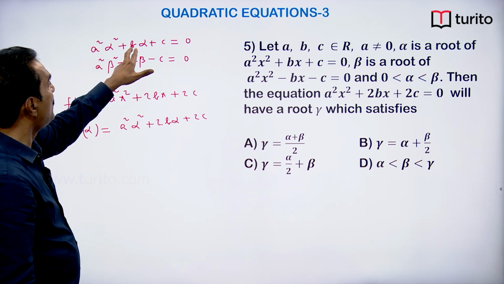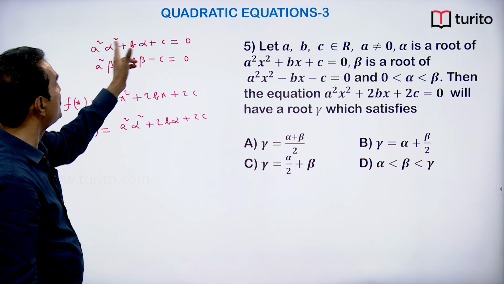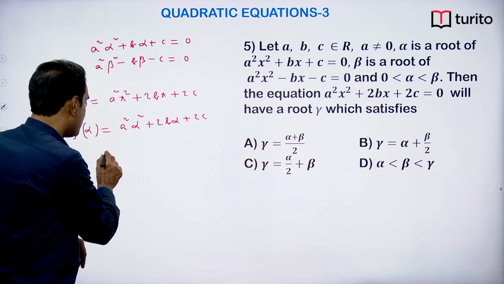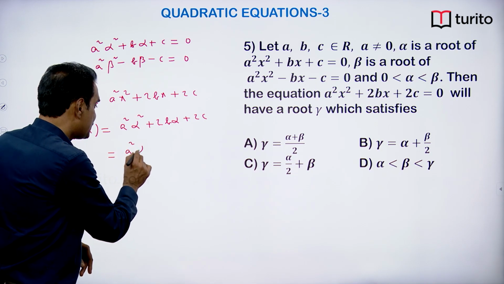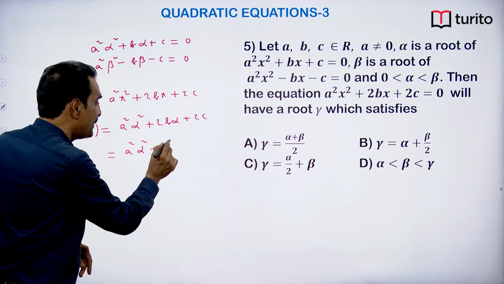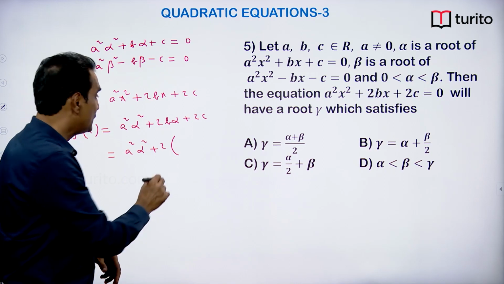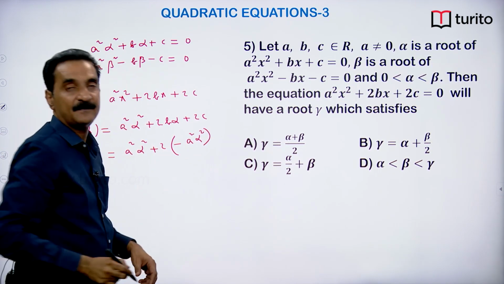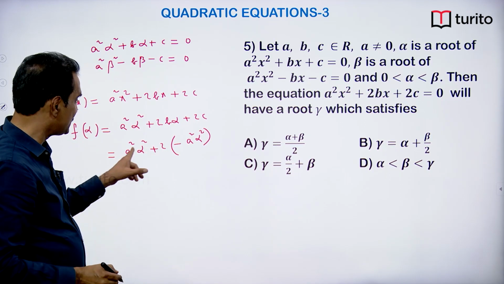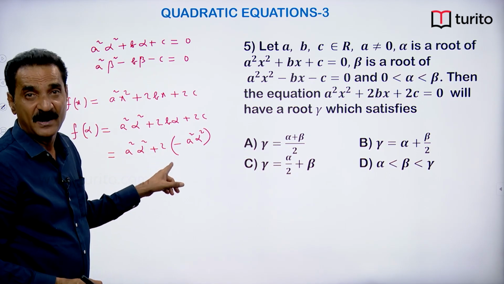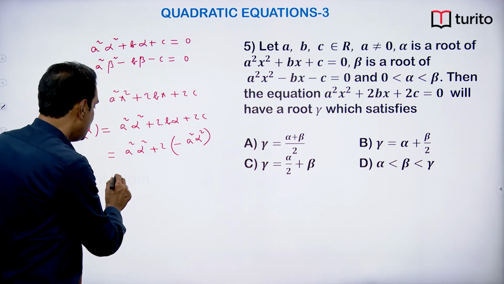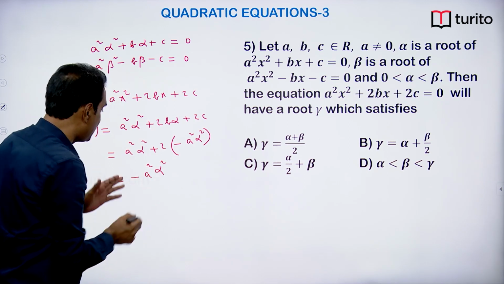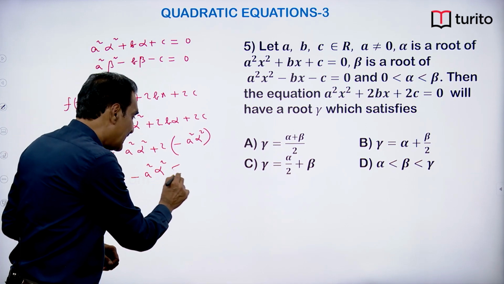I can write b alpha plus c as minus a square alpha square. So here, a square alpha square plus 2 into b alpha plus c is minus a square alpha square. Then what is this? A square alpha square minus 2a square alpha square is minus a square alpha square, which is clearly negative.